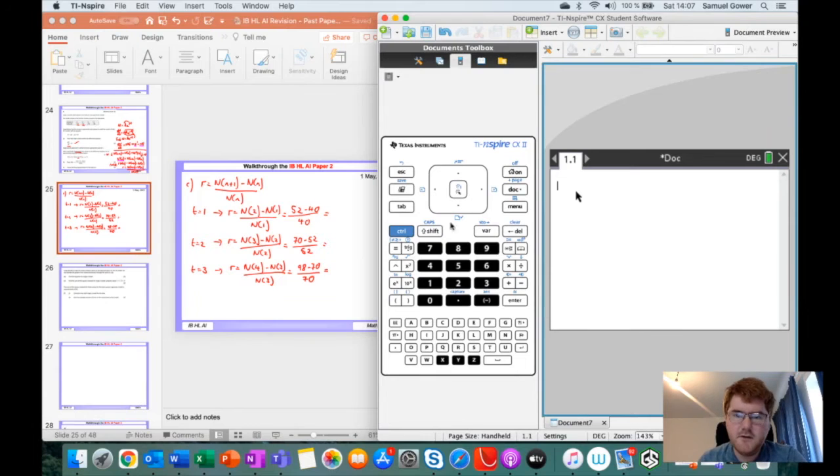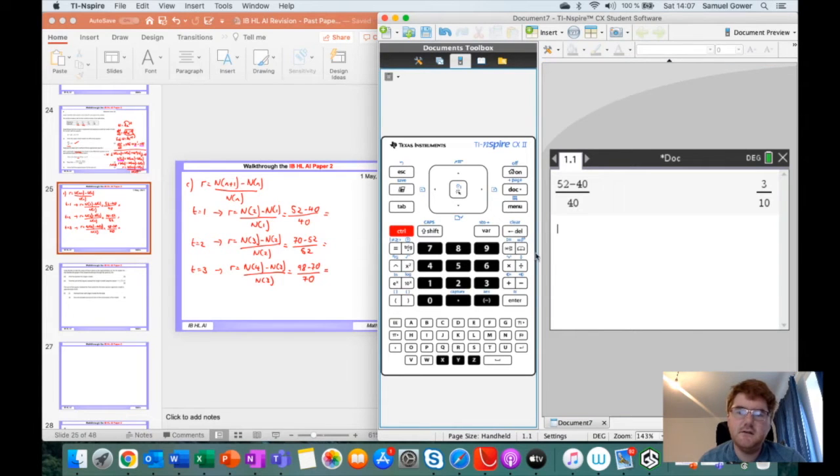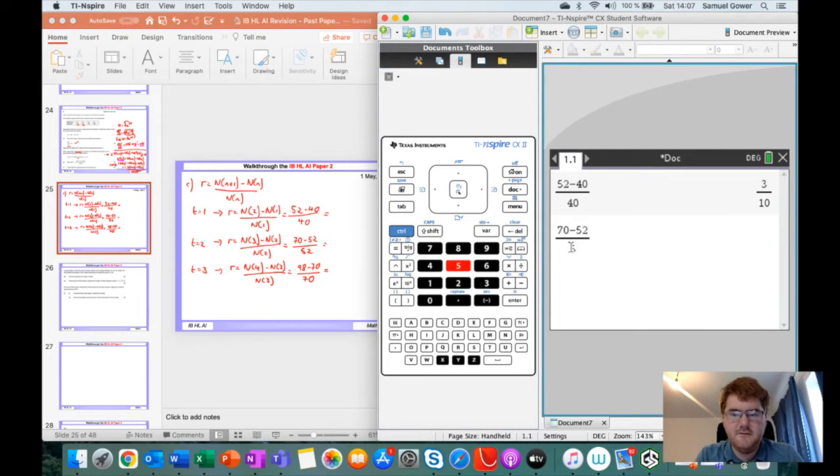Okay, so we've got 52 minus 40 divided by 40 equal to about 0.3. 70 minus 52. Okay, let's just do this as a fraction. Stay consistent. So we go 70 minus 52 divided by 52, 9 over 26.